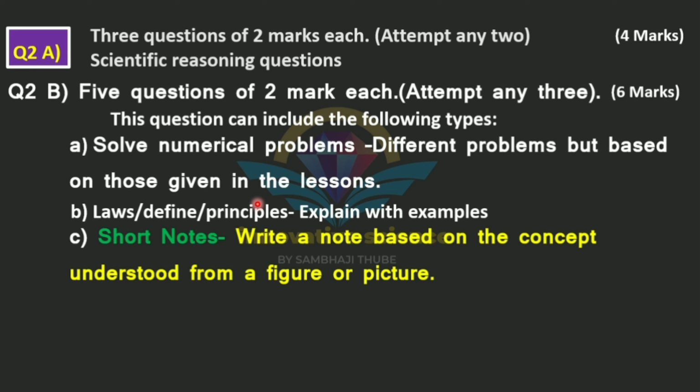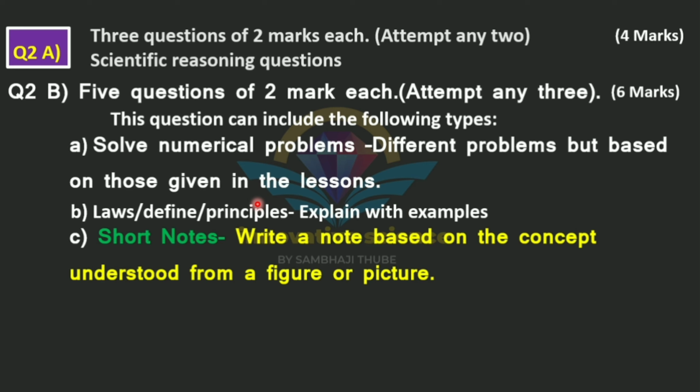For that, you have to first find out the concept on which that diagram is, and after that you have to write a short note on that concept. You have to write at least 4 points.